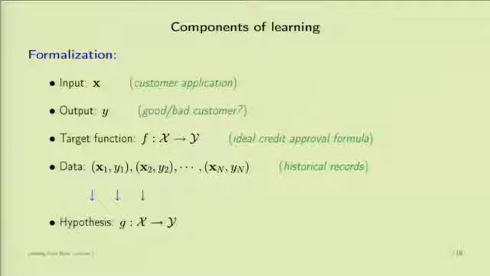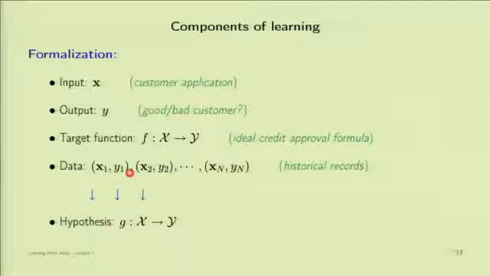So the hypothesis lives in the same world as the target function. And if you look at the value of g, it supposedly approximates f. While f is unknown to us, g is very much known. Actually, we created it. And the hope is that it does approximate f well. That's the goal of learning.